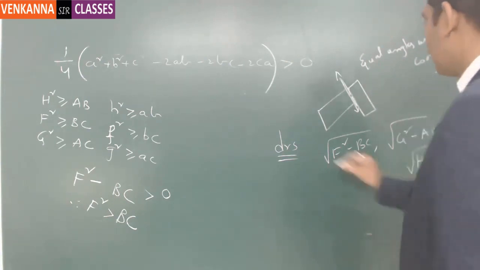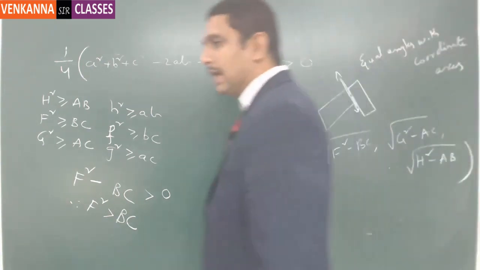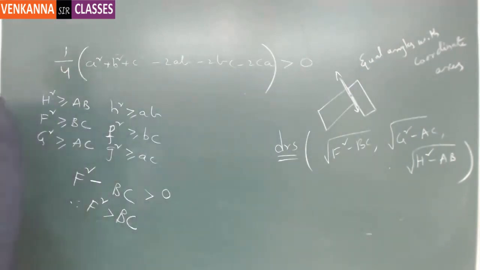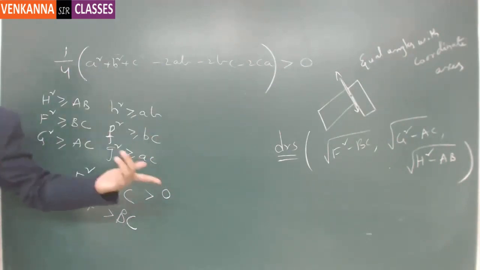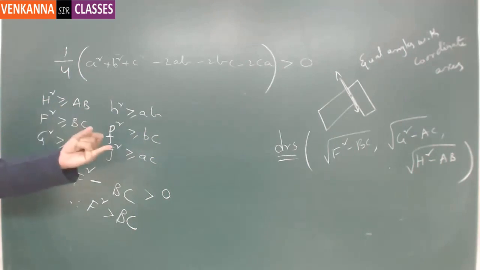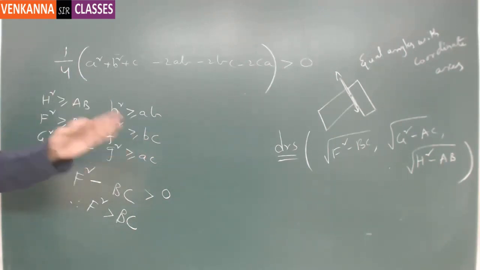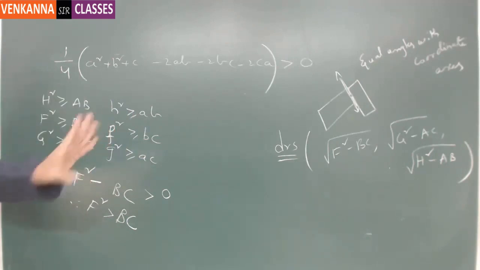This is the formula to calculate direction ratios for the line of intersection. Now what happened? All the three values are nothing but equal. Whatever the value you calculate, f square minus bc, g square minus ac, h square minus ab, the value is a fixed number.